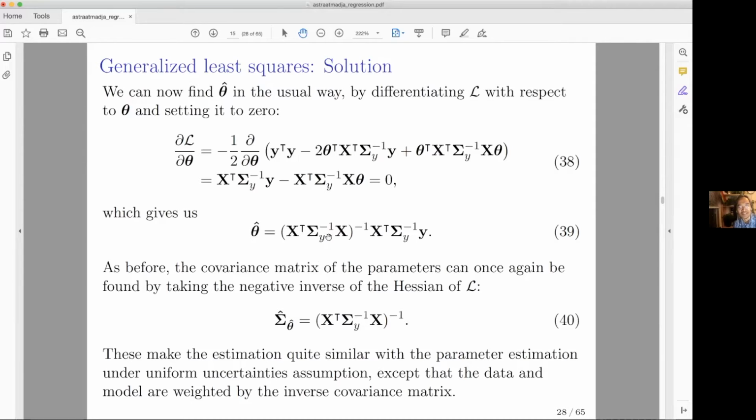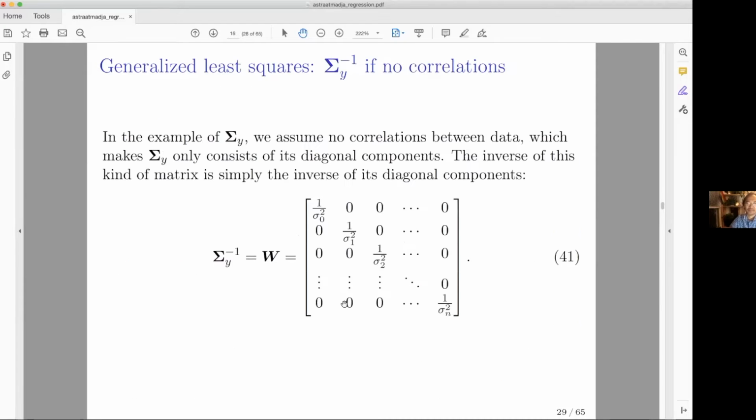The weight is defined as the inverse covariance matrix, and the covariance matrix, as usual, is this guy here. If the data are uncorrelated with each other, that makes life simpler. The inverse of the covariance matrix is simply the inverse of the diagonal components. We can rename this W.